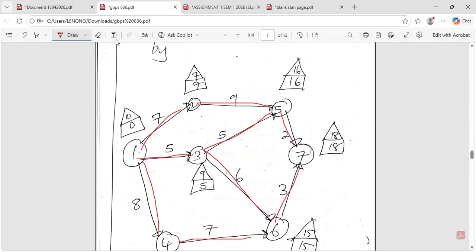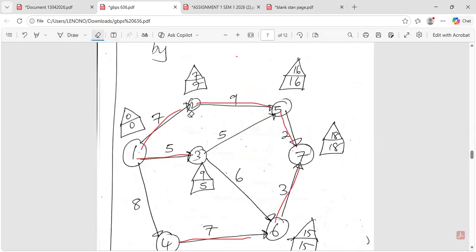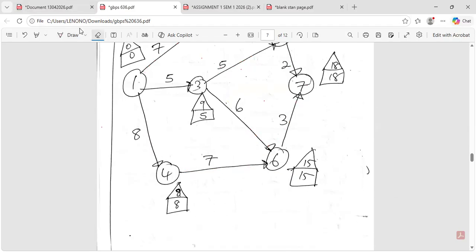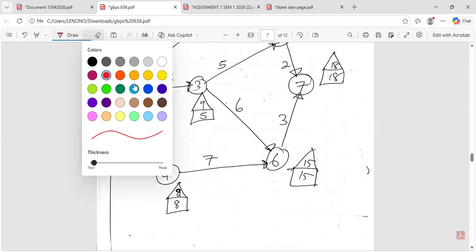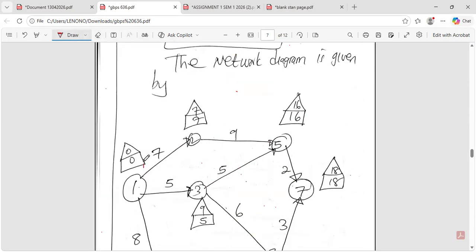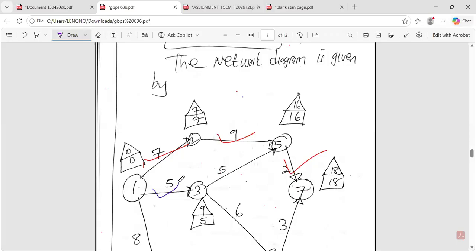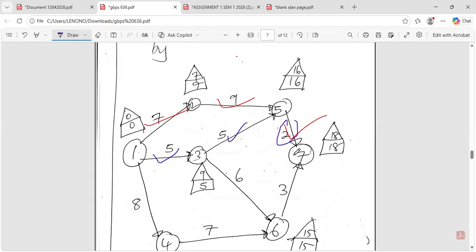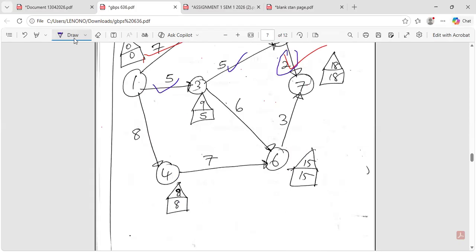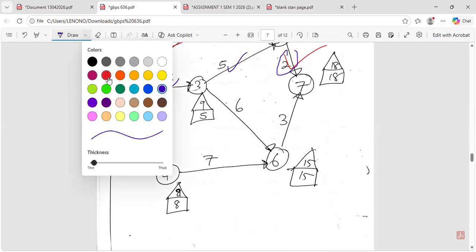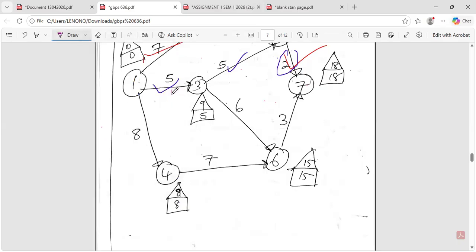Next is finding the various routes from point 1 up to the last point. The first route is this one and that one. The other one will be this one and this one. Then the other one will be this one and this one.